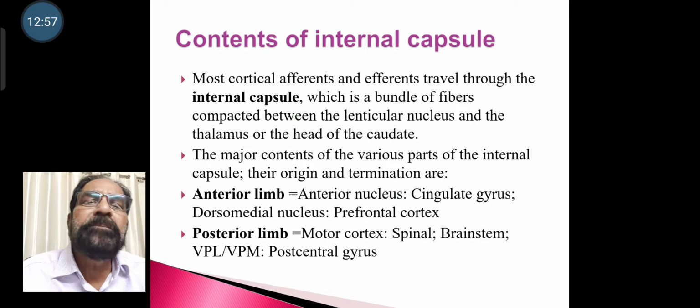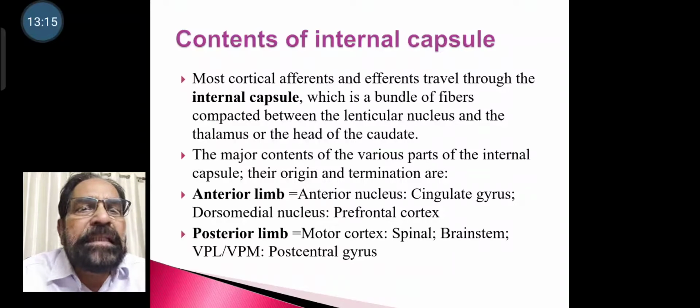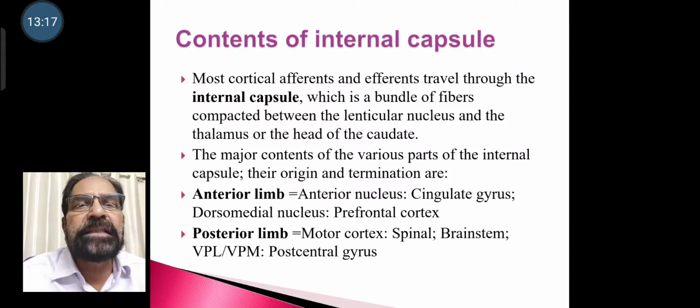Then we have posterior limb. It is related to motor cortex, that is spinal and brainstem, that is corticonuclear and corticospinal, and the sensory part, that is ventral posterior lateral and medial, so that afferents will go to postcentral gyrus.